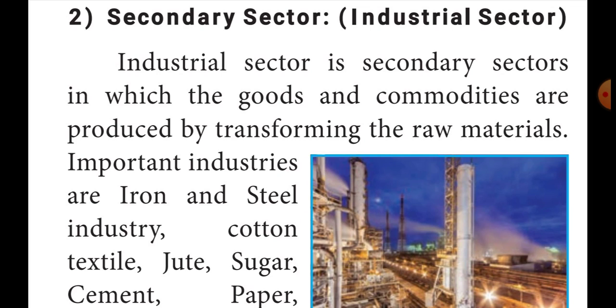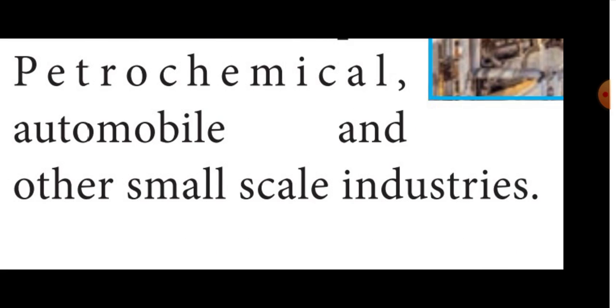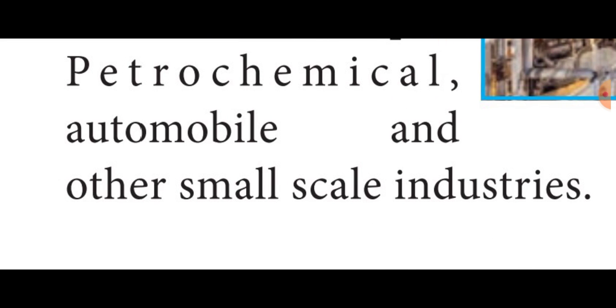That is the secondary sector. Important examples are the steel industry, cotton textile industry, jute industry, sugar industry, cement industry, paper industries, petrochemical, automobile, and other small scale industries, which are included in the secondary sector.